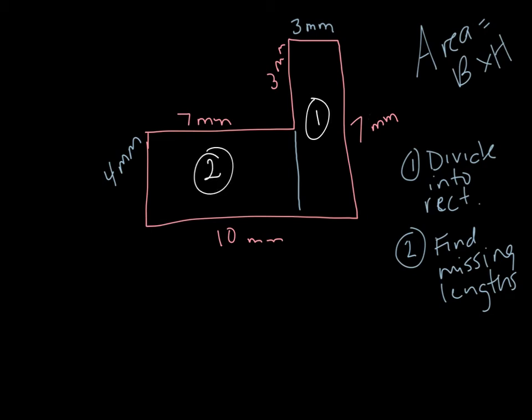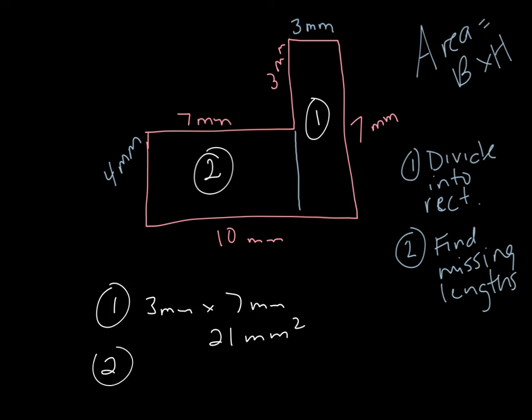When I look at rectangle number 1, I see the base is 3, the height is 7. 3 times 7 is 21. So below, I'm going to organize it so I have the area of rectangle 1 is 3 millimeters times 7 millimeters, which is 21 millimeters squared.